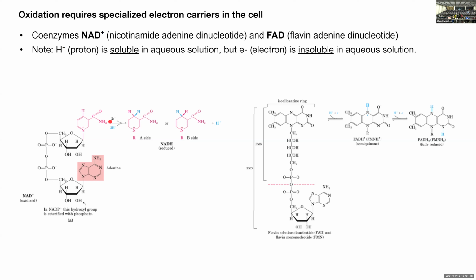But these hydrogen cations can be soluble because it's an ionized form of the water molecule, as opposed to electrons, which cannot just move by themselves, and so they require carriers. So that's why these NAD or FAD electron carriers are necessary for redox reactions.